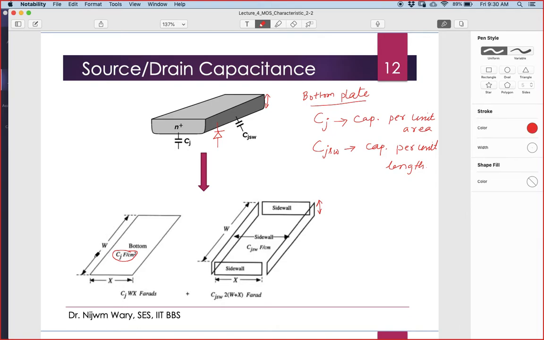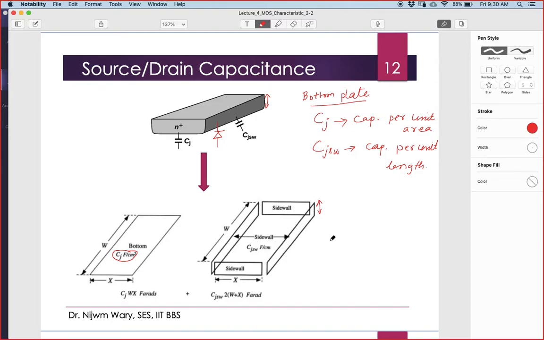The designer has the option to vary W, so CJ is the capacitance per unit area, and for the side wall it is defined per unit length.